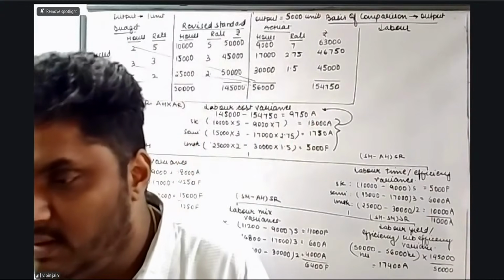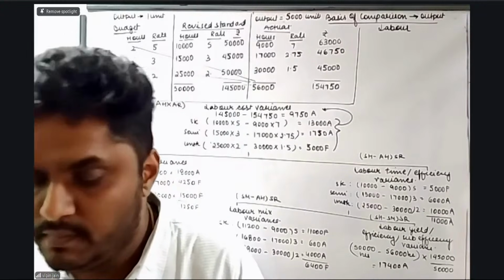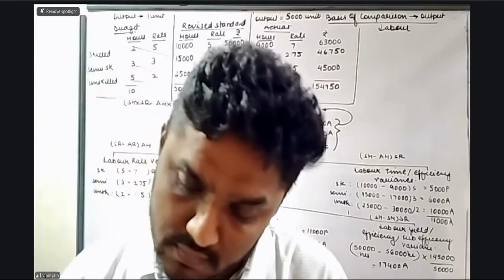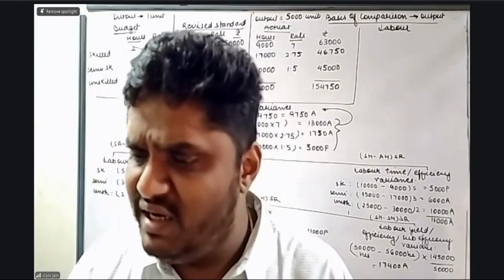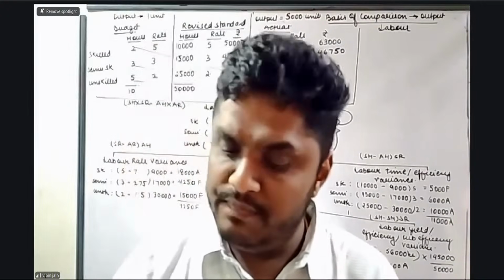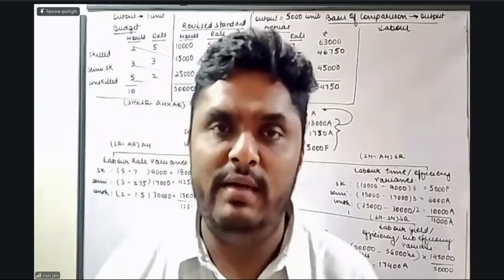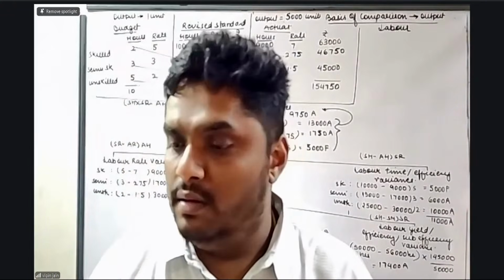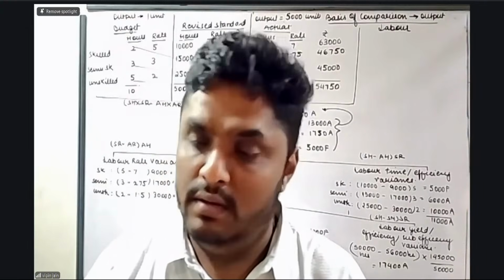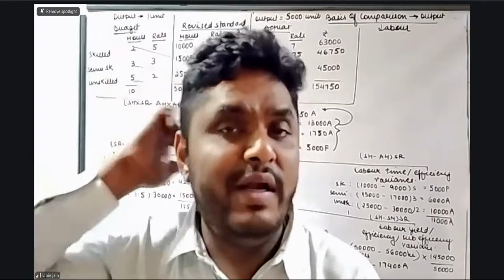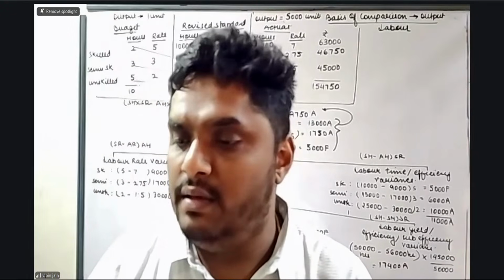I hope it is clear. Suppose the work was supposed to be completed in 10,000 hours, right? And you took 12,000 hours, right? So the point is you worked inefficiently. This is what I'm saying.